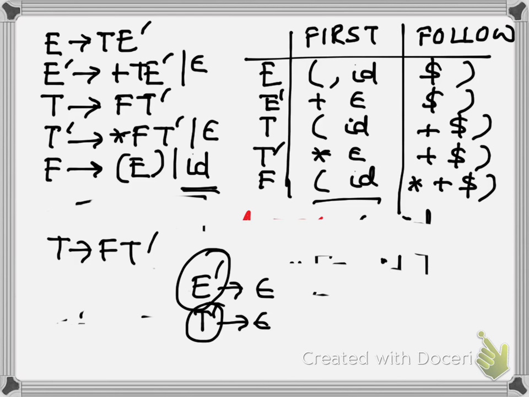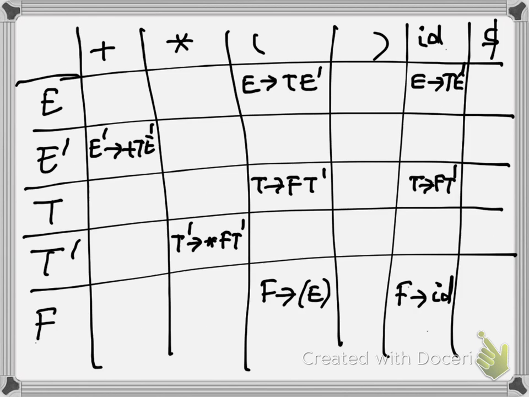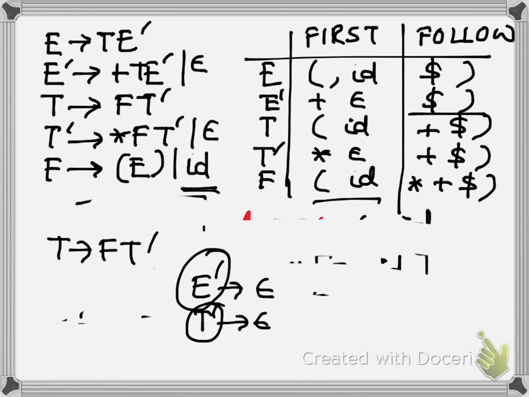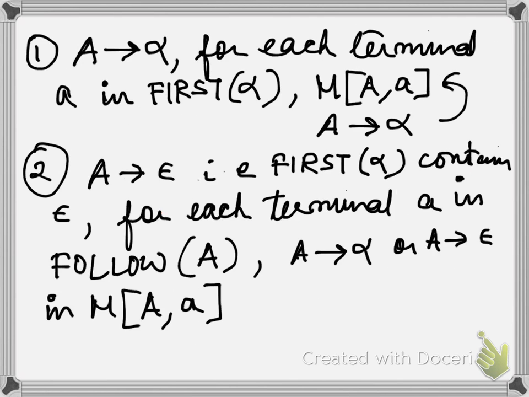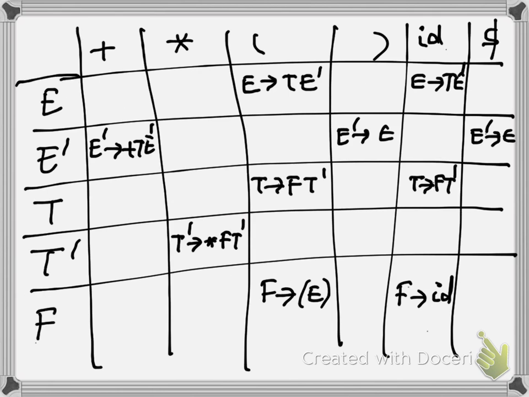Follow of E dash is dollar and closing parenthesis, so we put E dash derives epsilon in both. Similarly, follow of T dash was plus, dollar and closing parenthesis, so we put T dash derives epsilon under plus, dollar, and closing parenthesis.